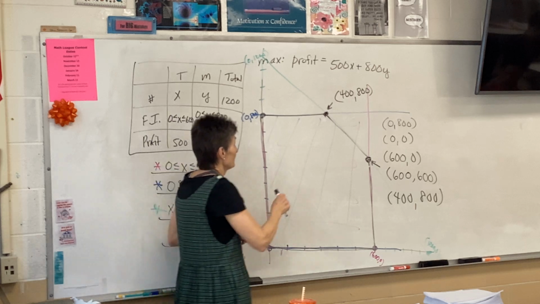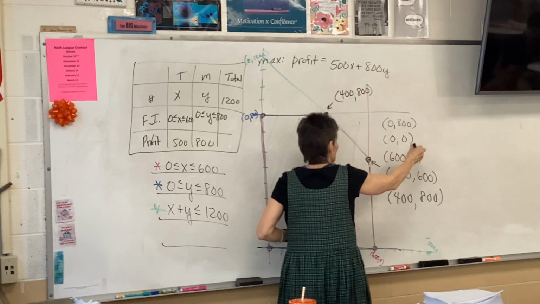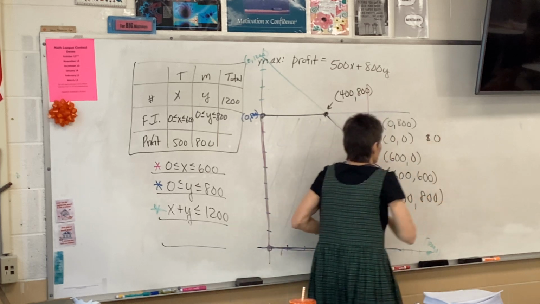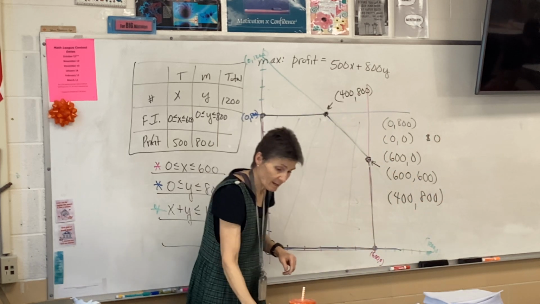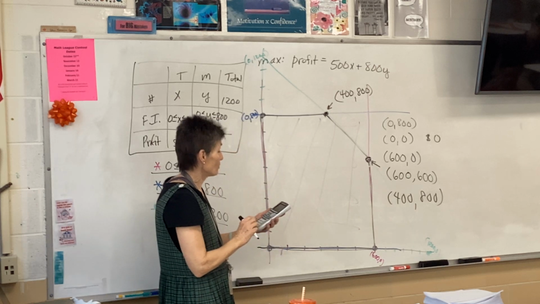All right, you have an X and a Y. Start plugging them in. I know this one's going to be 0. What do we get for our profit? Our answer is going to be one of those points.